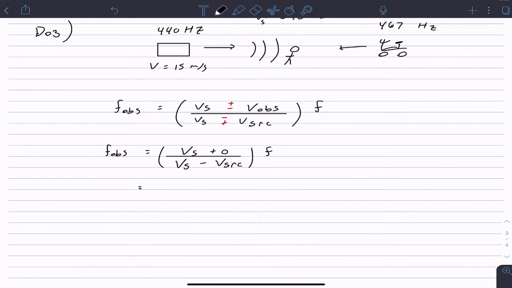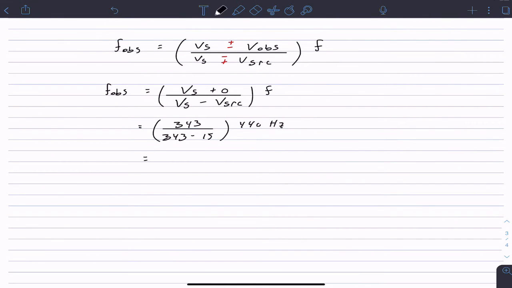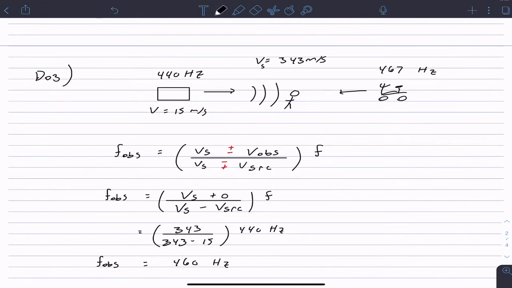And so this gives us 343 over 343 minus 15 meters per second times 440 hertz. That's going to give us a value of 460 hertz. Okay, that's the sound that is being emitted by the car as it's traveling, and let's say it's just passing by a person here.